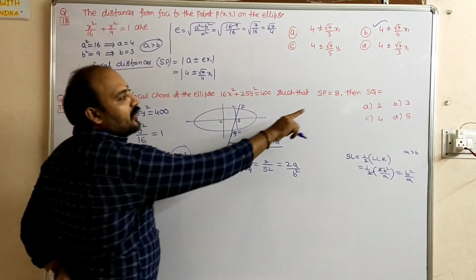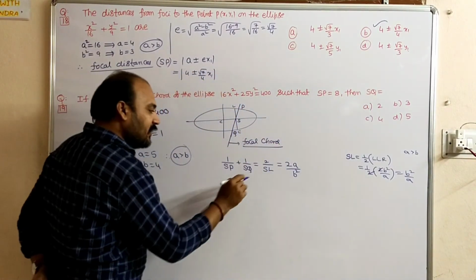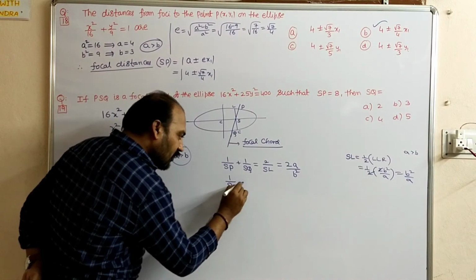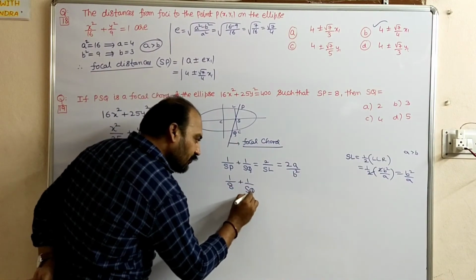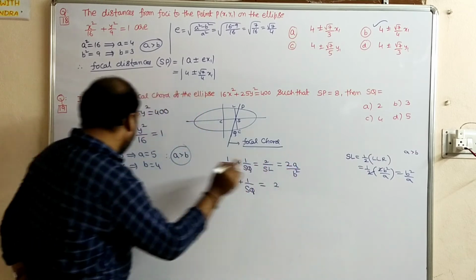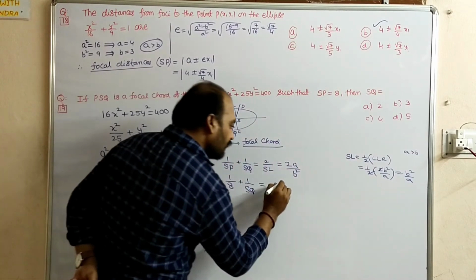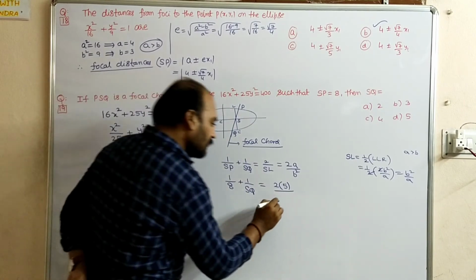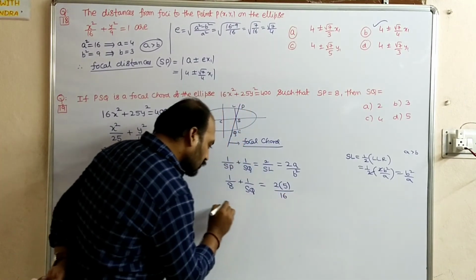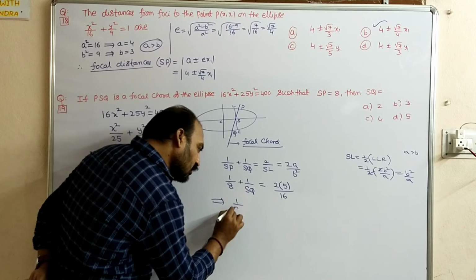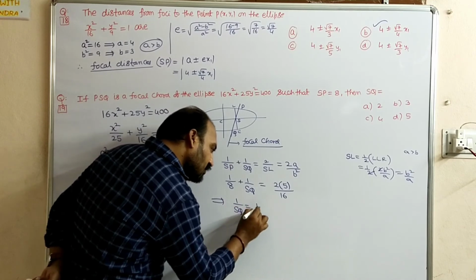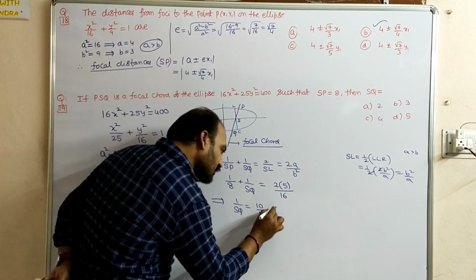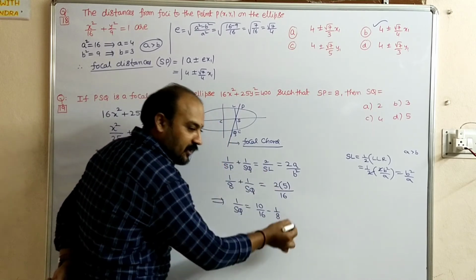Now we need to calculate SQ. SP value is already there, 1 by 8 plus 1 by SQ is equal to 2 into A value 5 by B square value 16. So that implies 1 by SQ equal to 10 by 16 minus 1 by 8. This 1 by 8 I am taking.